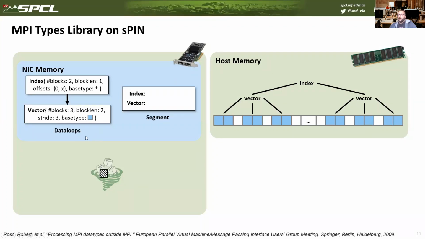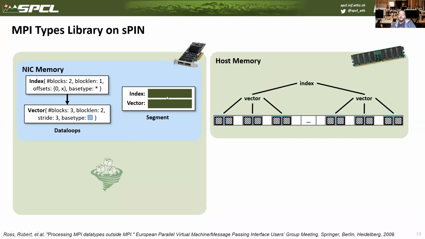And now the idea is, we receive the first packet and we run this MPI types library on the NIC. You can see it as a progress bar, basically. So we are filling the first vector now. Now the first vector is filled up, and this means that half of the index is also filled up. And so we go on with the second vector, and we finally finish the processing of this data type, right?